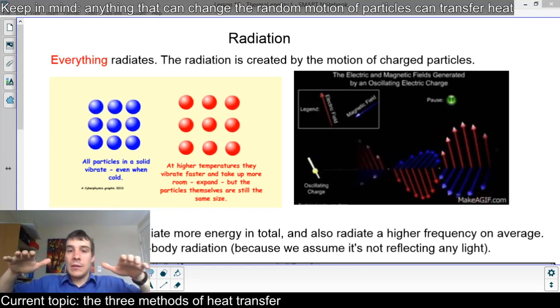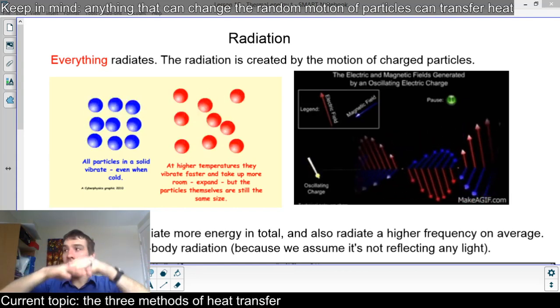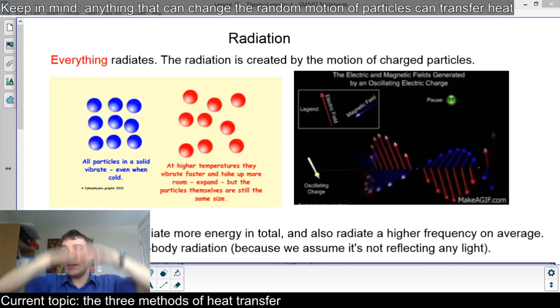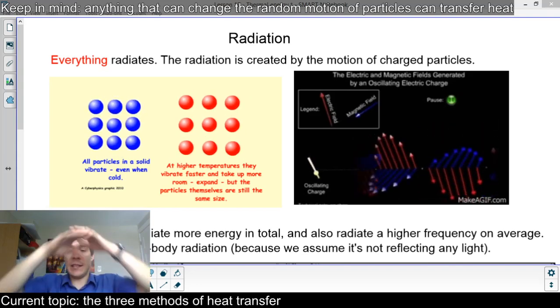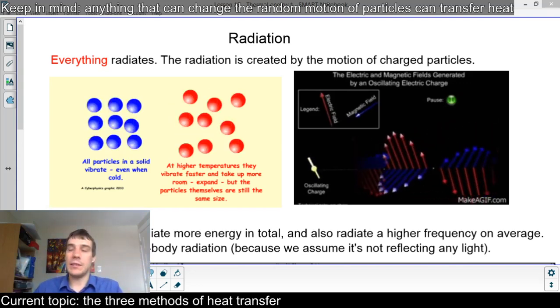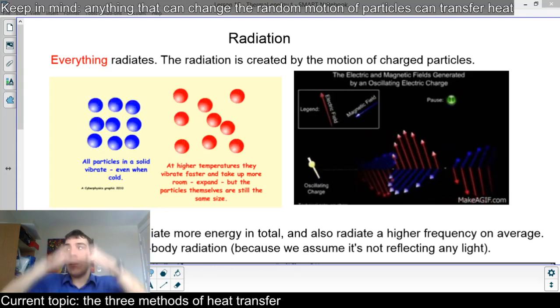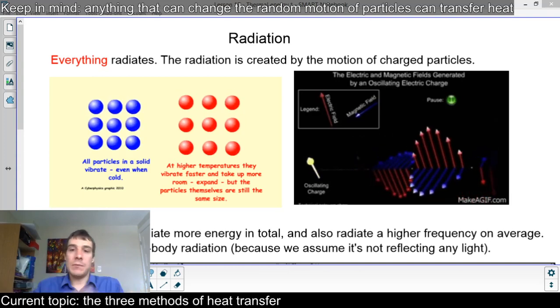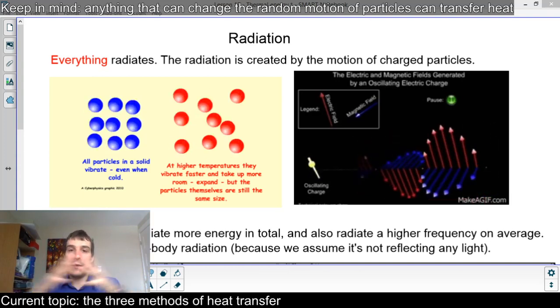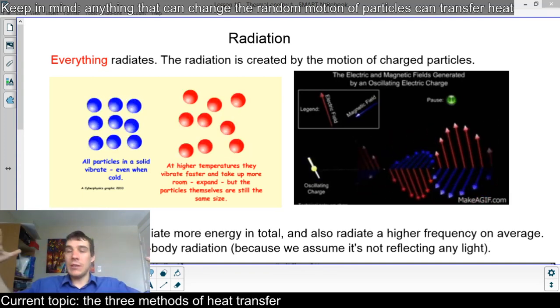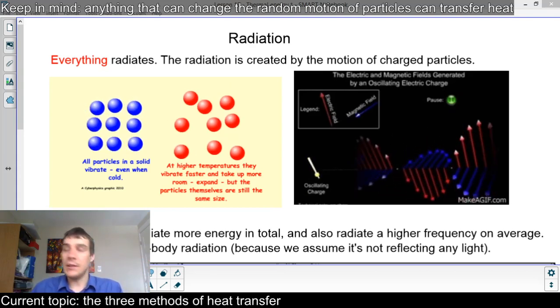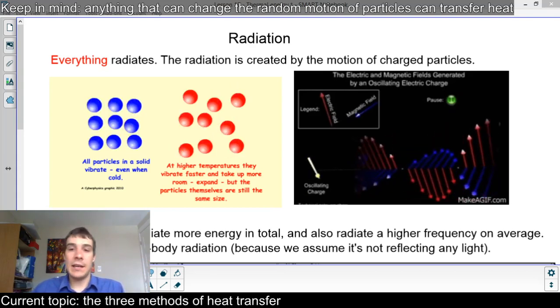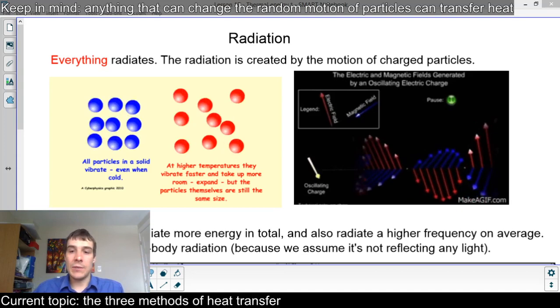That's what radiation looks like, except what's pushing up and down isn't your hand, it's the charges that are in everything. Everything is protons and electrons. So when they move up and down, their charges are moving up and down, and that is pushing up and down on what we call the electromagnetic field, and that's splashing out as electromagnetic radiation. And that's how radiation works.